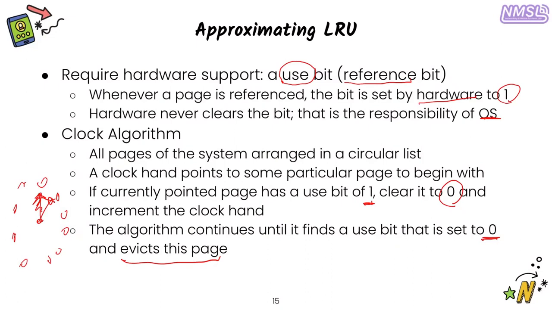Then, as the clock hand goes around the circle, we clear each bit to 0. As everything was 1, we have to pick something, and whichever the clock hand was pointing to, sort of random, you evict that.